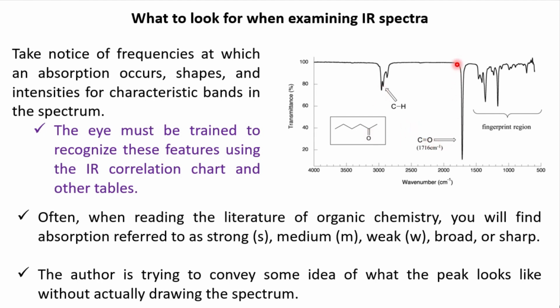When you have something around 1,600, 1,700, you can say that functional group is possibly a carbonyl functional group. Something around 3,000 tells us there's a CH bond. So your eye must be trained towards identifying certain characteristic groups, right?